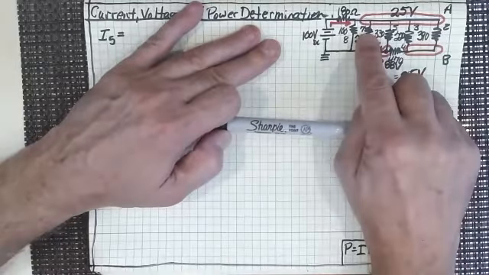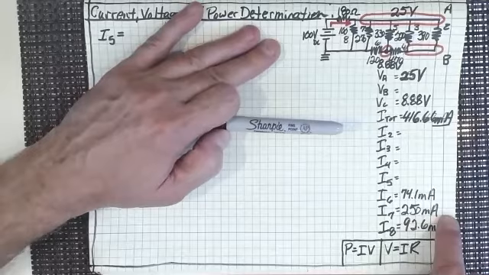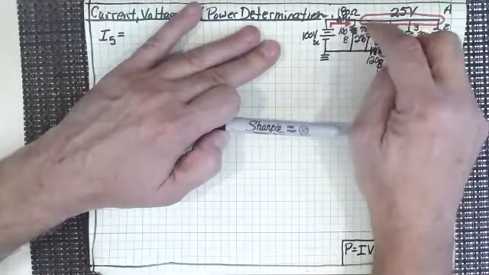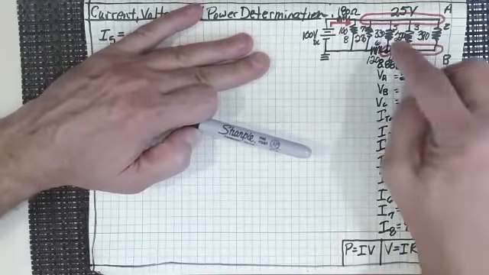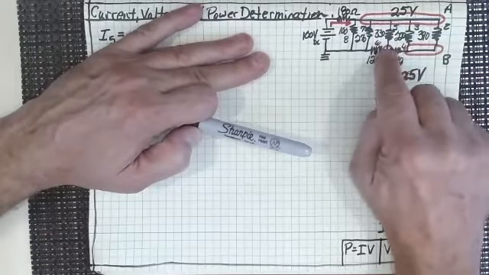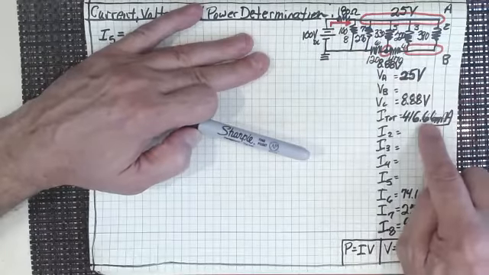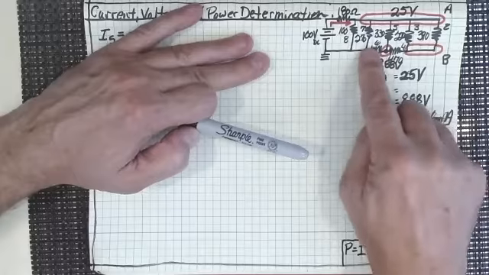And we know that the current through I7 is 250 milliamps. And what that told us was that current is already coming out of the total 416.66. Now, where's the next current? We knew that the currents that came back through here had to all sum up to the total current, 416.66 milliamps, right at that point.